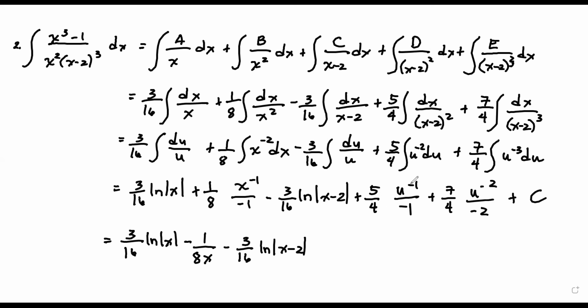Here, it's negative 5/4, our u is x minus 2. So everything should be in terms of x. And here, when we simplify, negative 7/8, and our u is x minus 2, the square root of x minus 2 plus c.